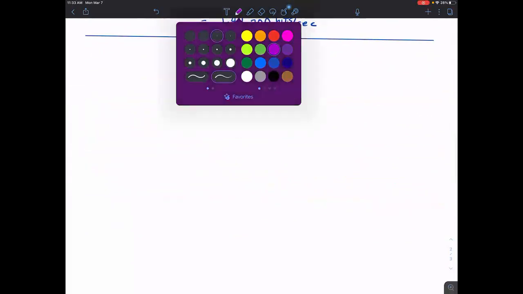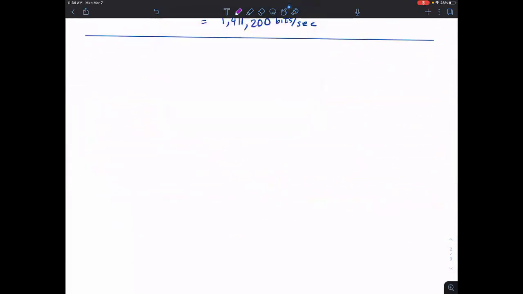Okay, on the back, we have number 3. It says, what is different between 8-bit and 16-bit music files recorded with the same sampling frequency? Okay, so the 8-bit versus 16-bit, and the sampling frequency is the same.